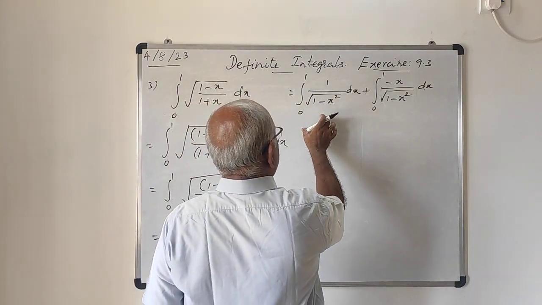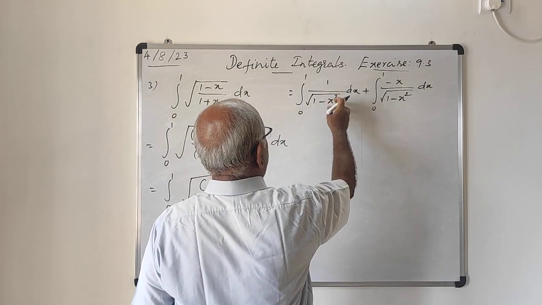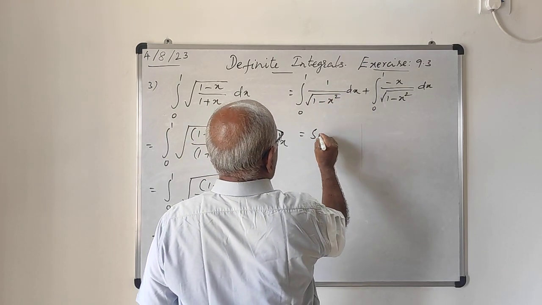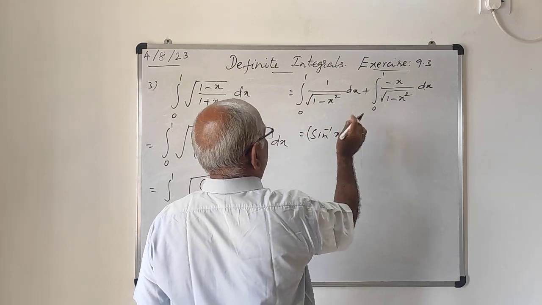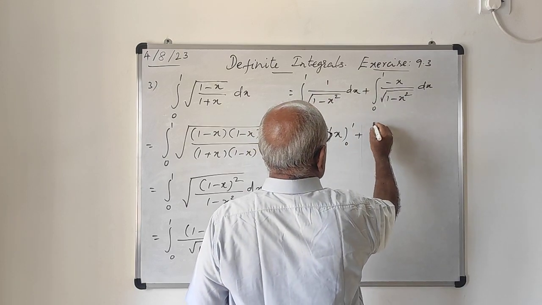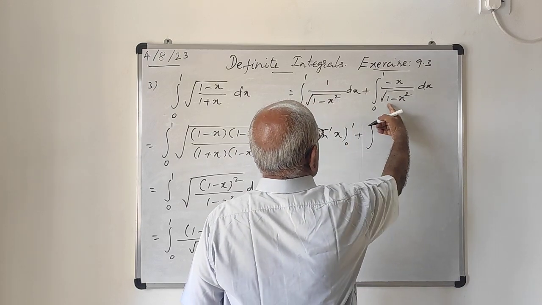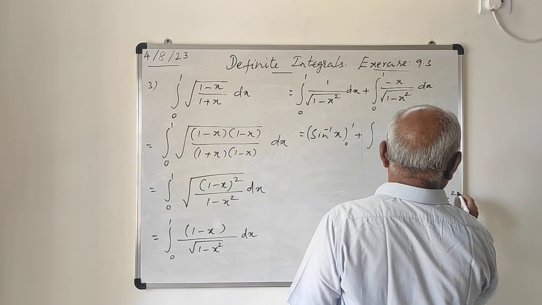For this, the first integral is nothing but the direct formula: 1 by root of 1 minus x square is sin inverse x, from 0 to 1, plus. To evaluate the second integral, you substitute t equal to 1 minus x square.